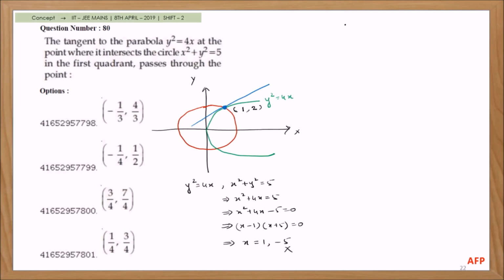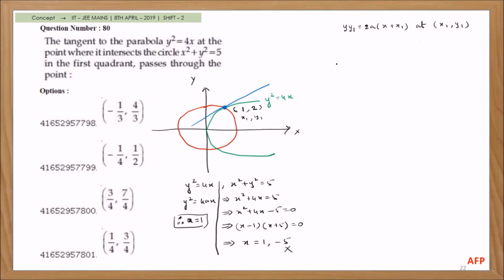So the equation of a tangent is y y1 equals 2a times (x plus x1), the tangent at (x1, y1). So here it is nothing but (x1, y1). Okay, so now y square is equal to 4x, y square is equal to 4ax. So therefore the a value must be 1. We will substitute here.